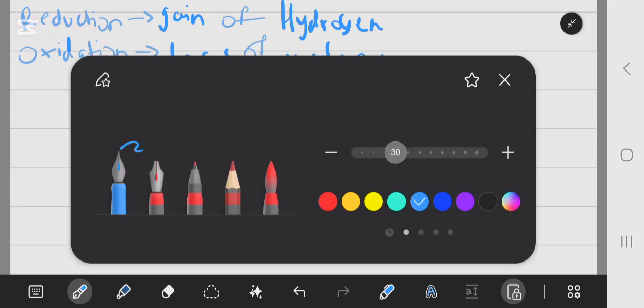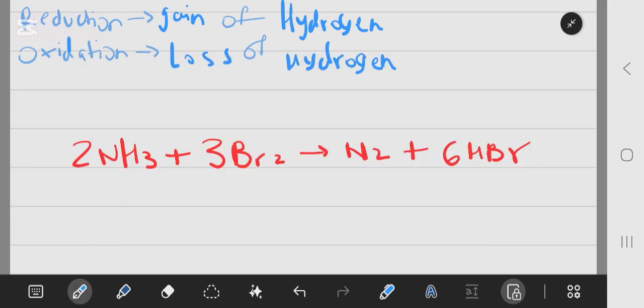Let's move on. So I can clearly see that nitrogen has been bonded with hydrogen over here on the reactant side, and nitrogen has lost that bond on the product side. So nitrogen has lost hydrogen, right?